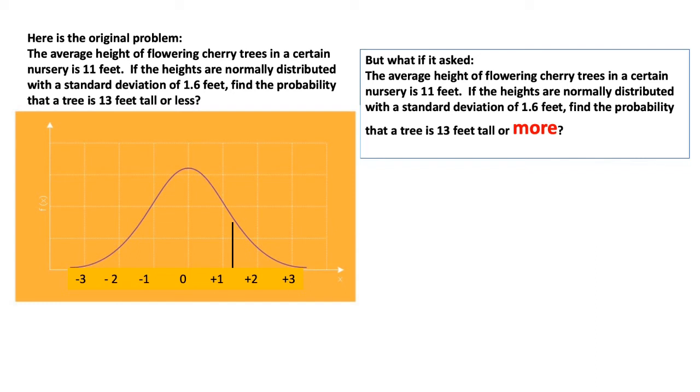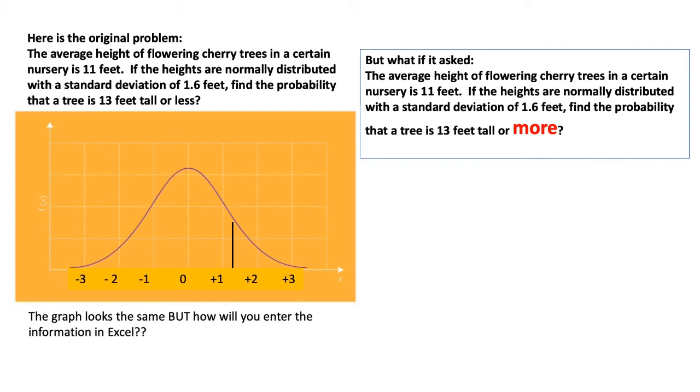When we did the first part of that, the 13 feet or less, we wanted to calculate the area from this black line that represents the 13 feet all the way to the left on the graph. And we came up with our 89% and whatever. This graph also is used for the second problem that I've given you here.